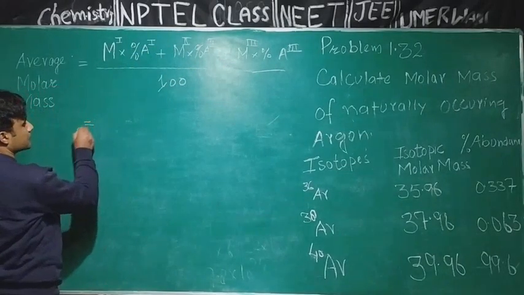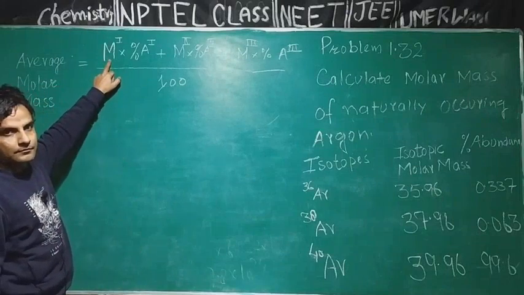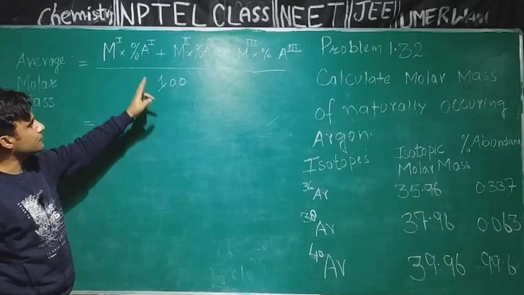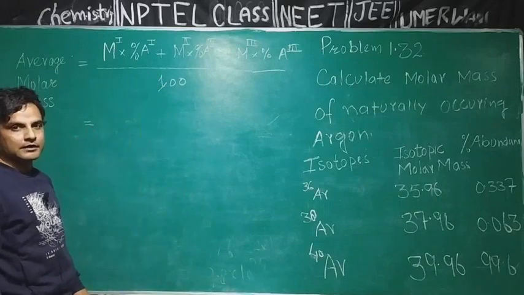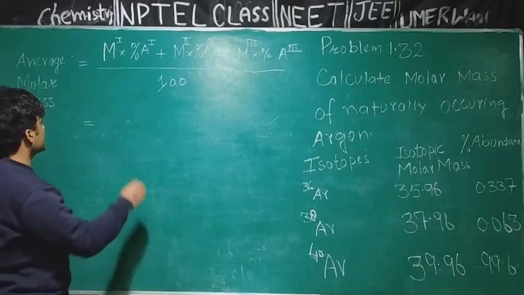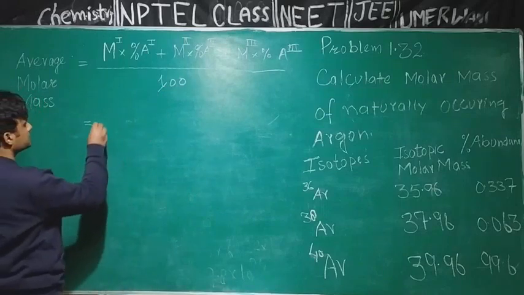Now I will simply substitute the given parameters, molar mass of its three isotopes and percentage abundance of its three isotopes, and then divide by 100 in order to find the average molar mass of argon.